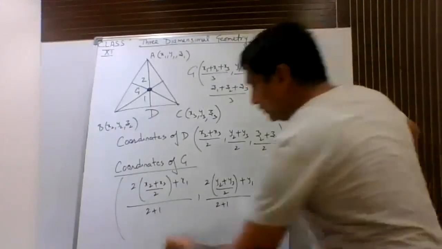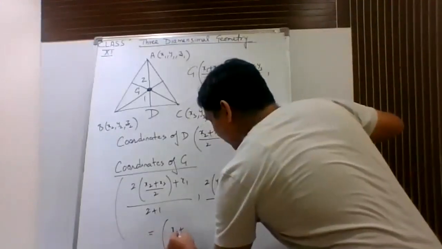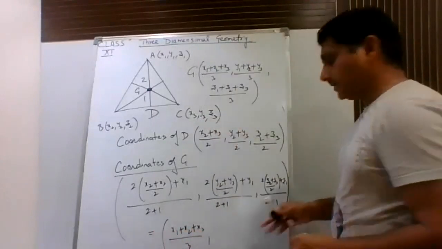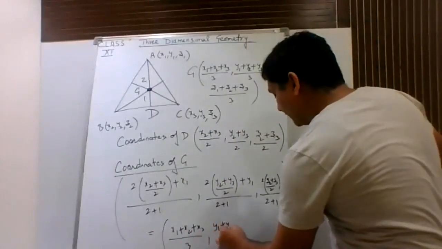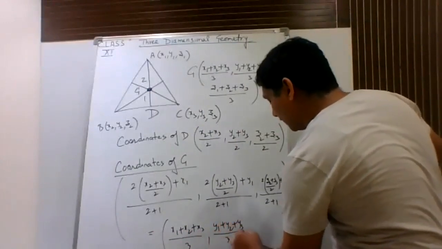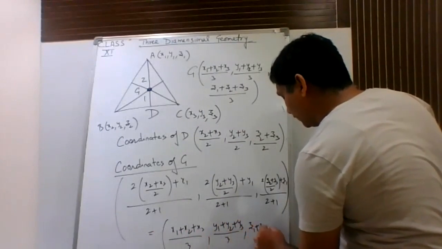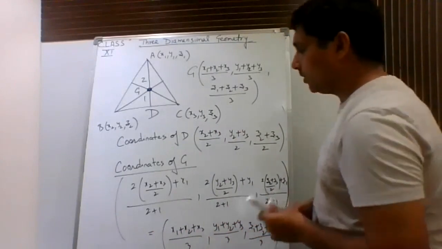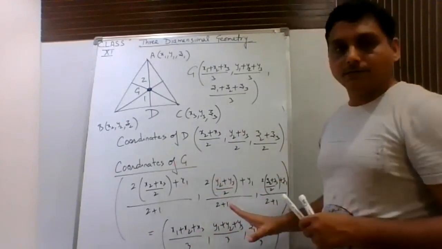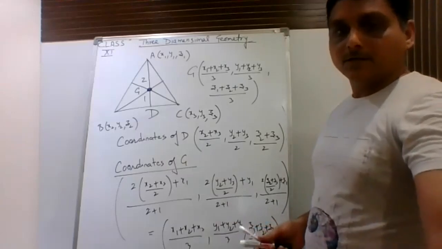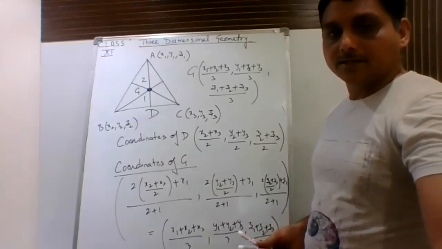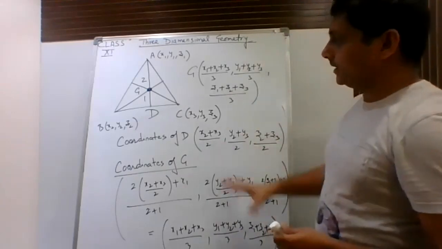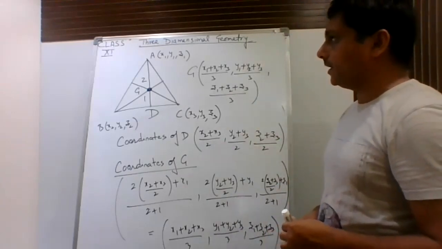Now, after this, when you do the calculations, it will become x1 plus x2 plus x3 upon 3, and similarly y1 plus y2 plus y3 upon 3, z1 plus z2 plus z3 upon 3. So this is how we find the coordinates of the centroid, right? So just quickly write down this derivation for the centroid of a triangle.